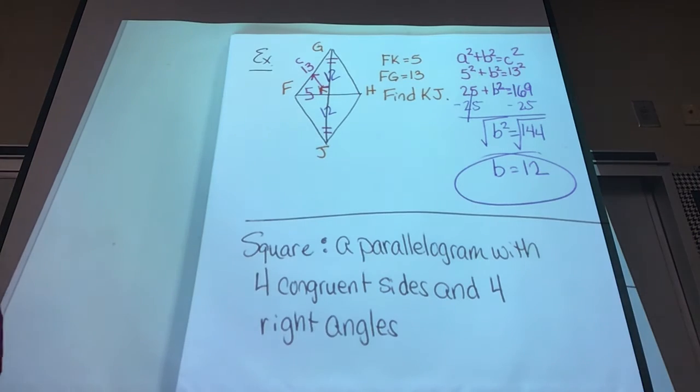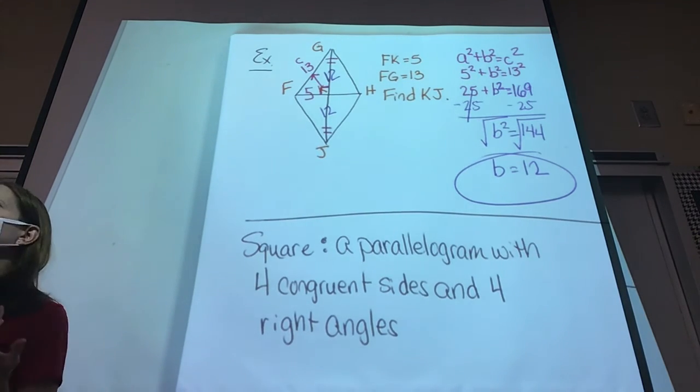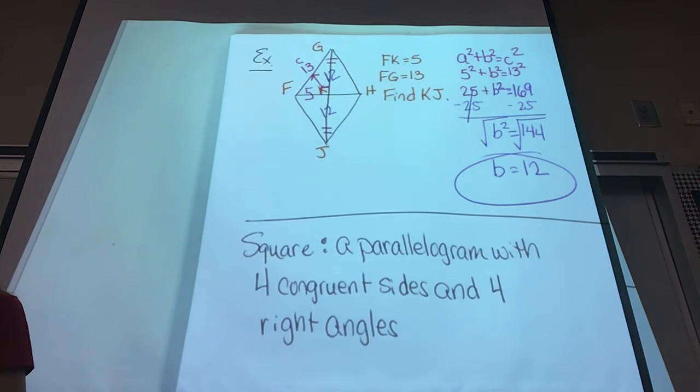Now, if it is a square, and if you draw diagonals, what would you know about the diagonals? If it's a perfectly square box, they're 90 degrees. What would the diagonals be? Would they be different? Would they be the same? The same. They would be the same too. So if one diagonal is 10, the other diagonal should be 10. And of course, again, just like everything else, they should be cut in half.